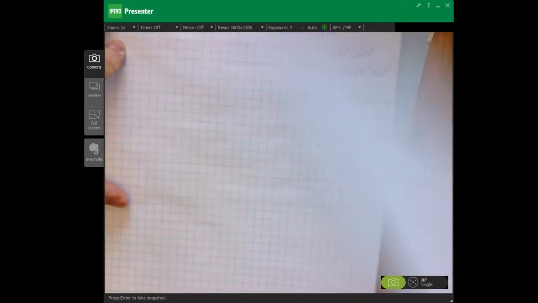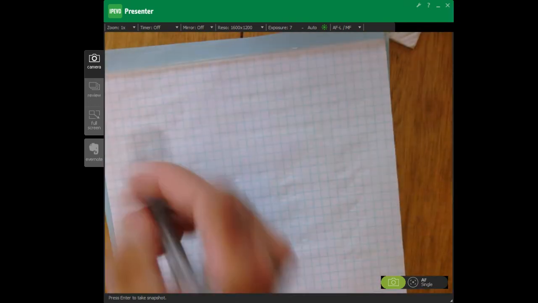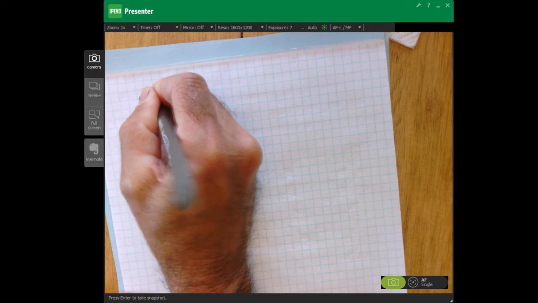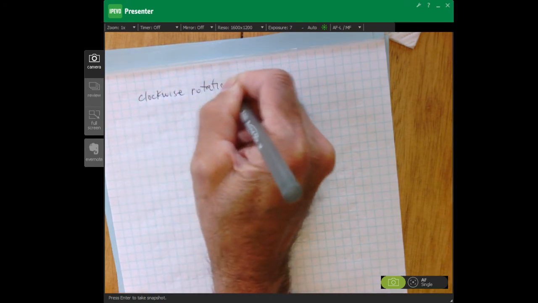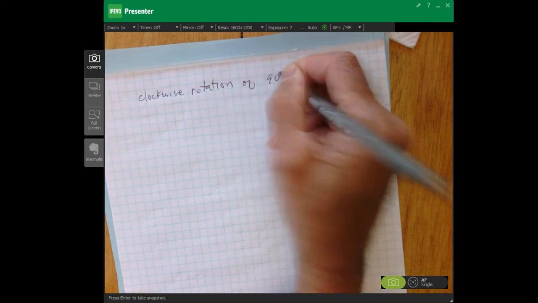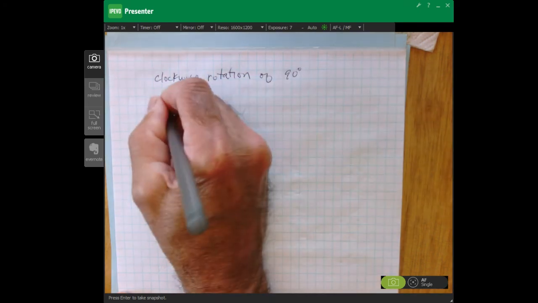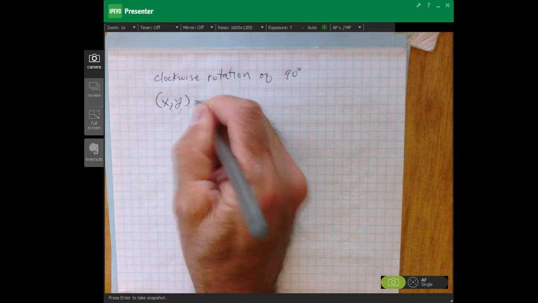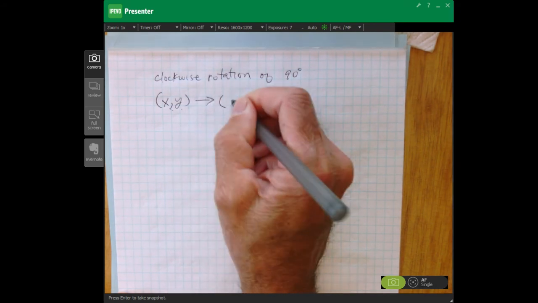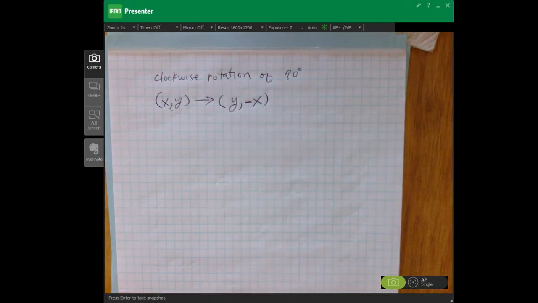Now the way we can represent that rule is for a clockwise rotation of 90 degrees, if we start off with x and y, it's going to change to y, negative x.